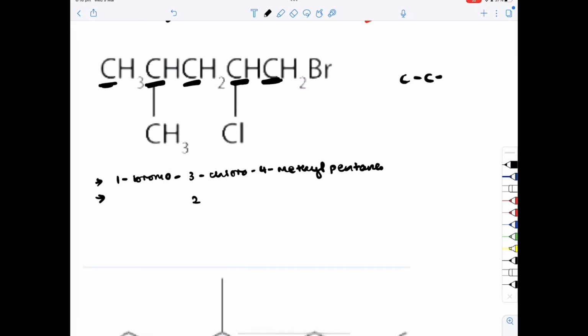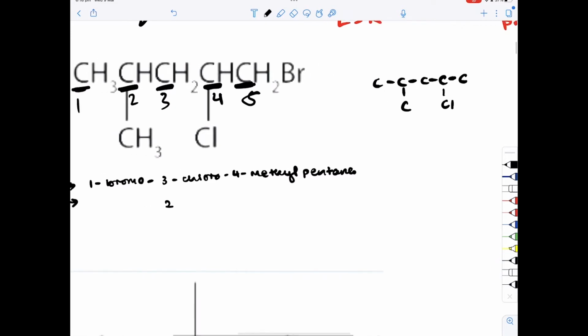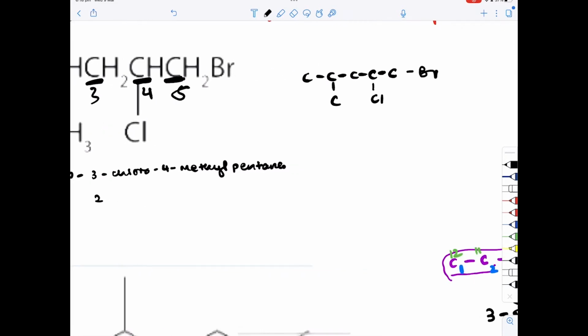So 1, 2, 3, 4, 5. And what I can see is the second carbon has a methyl group, so I'm going to draw a carbon there. Then the fourth carbon, from what I've numbered, has a chlorine, and the fifth has a bromine as well.